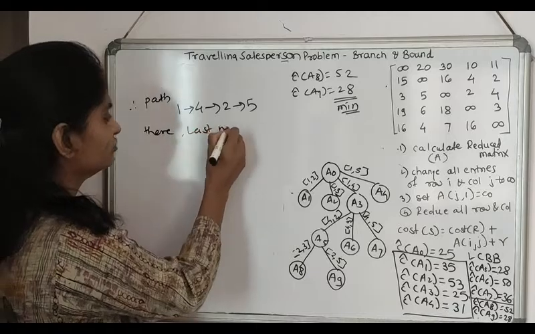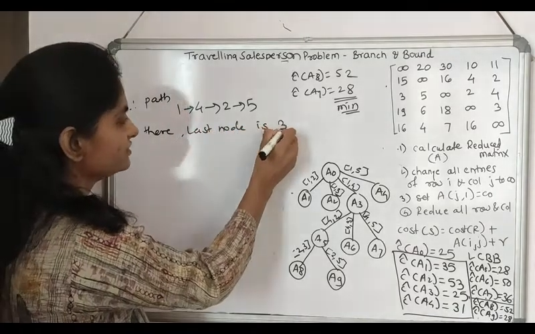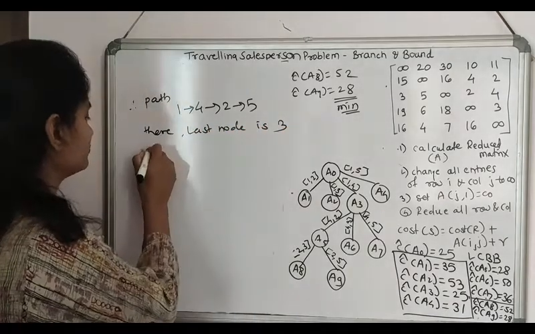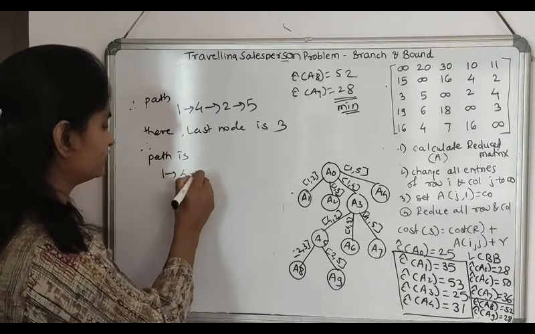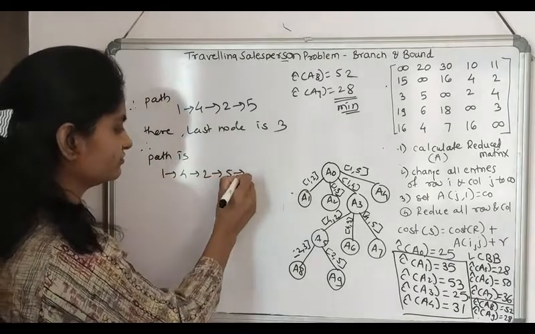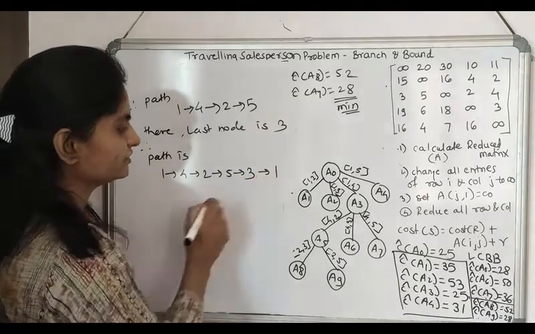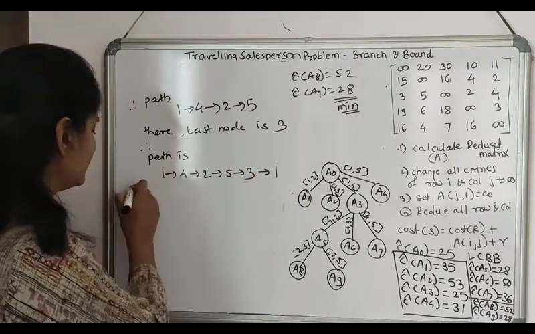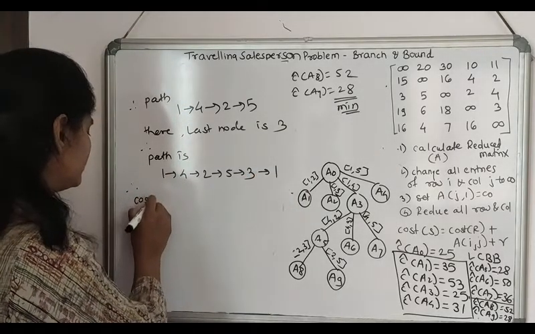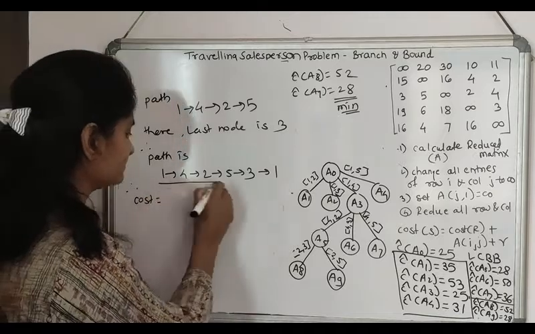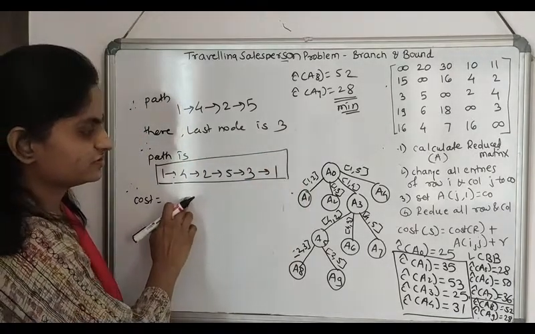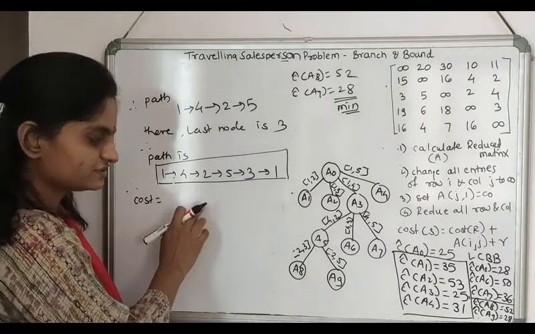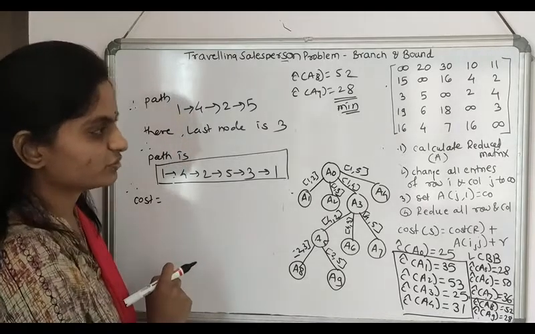The last node is 3. Therefore, the path is 1 to 4, 4 to 2, 2 to 5, 5 to 3, and then 3 to 1. This path is found using the TSP, using branch and bound.